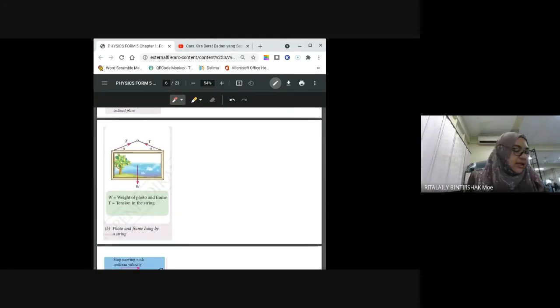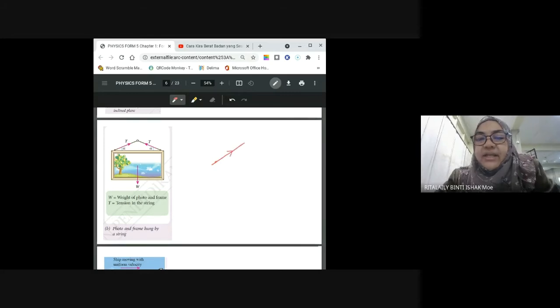Okay, so let's look at the B, photo and frame. Okay, we have two T's and then one W. Two T's is the tension of the string, and the angle of the strings are the same. Okay, so same like before, we draw a force that is parallel to T, and then tinggi sangat, kejap.